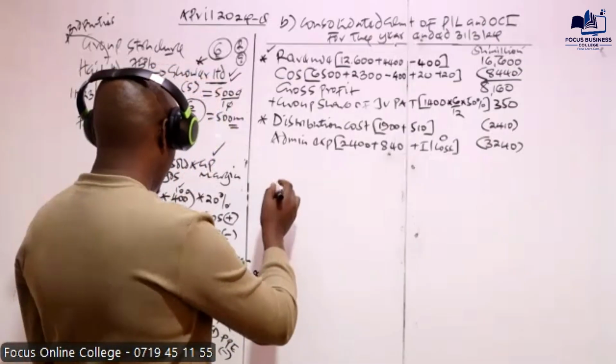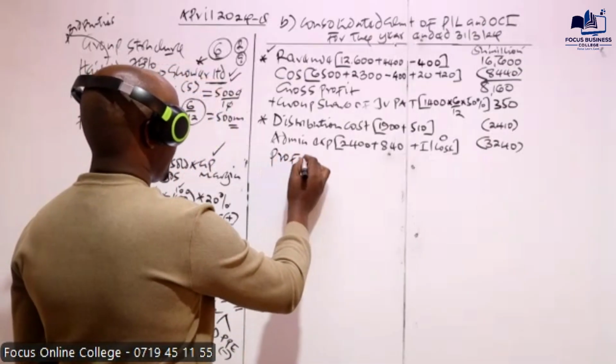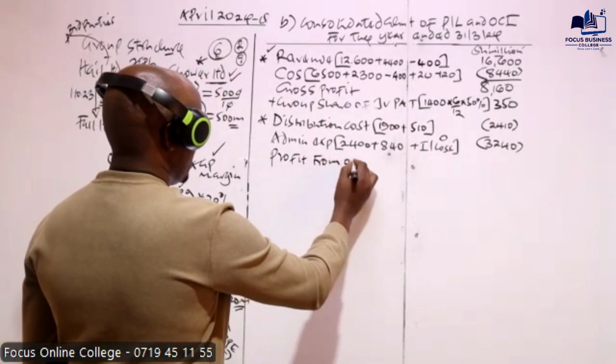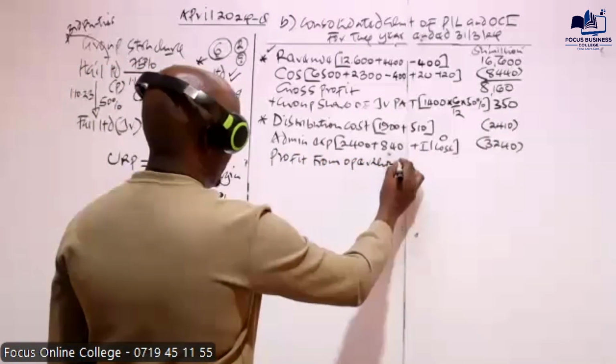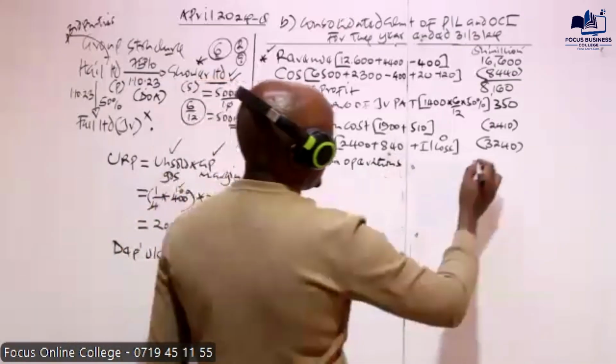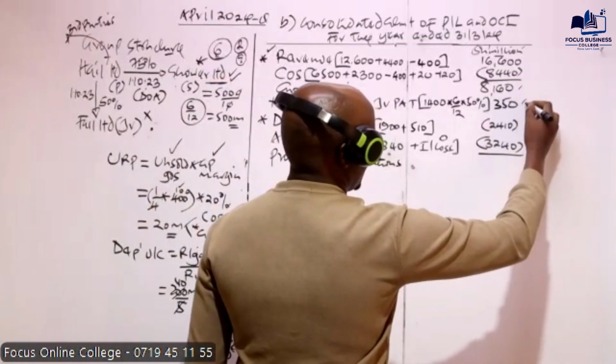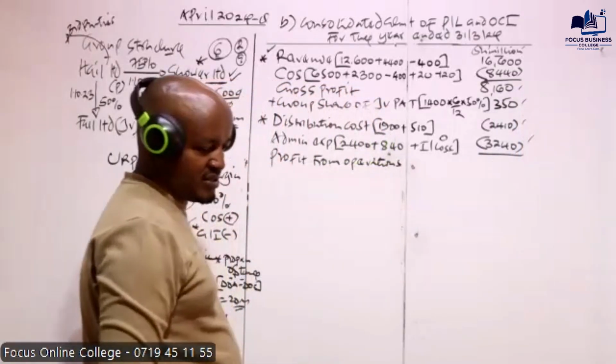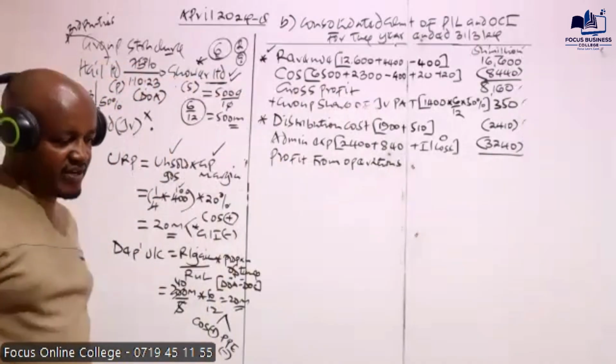Yes. So then from there, we proceed and basically we get the profit from operations. The profit from operations, we take this plus that minus the two expenses. Give me that value there.